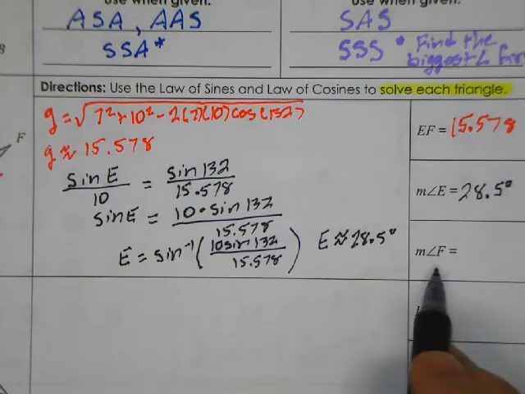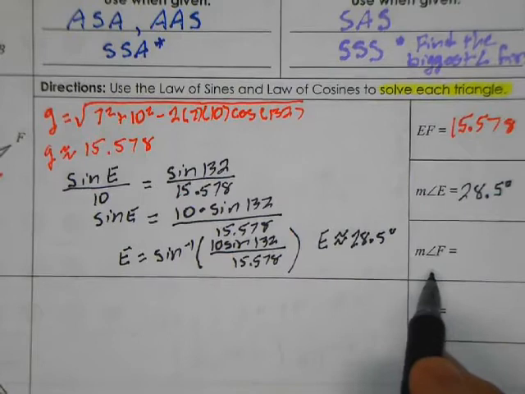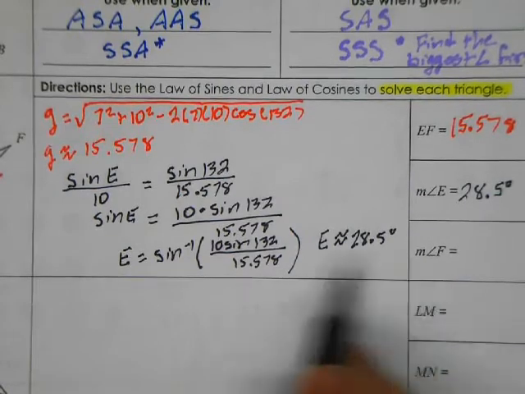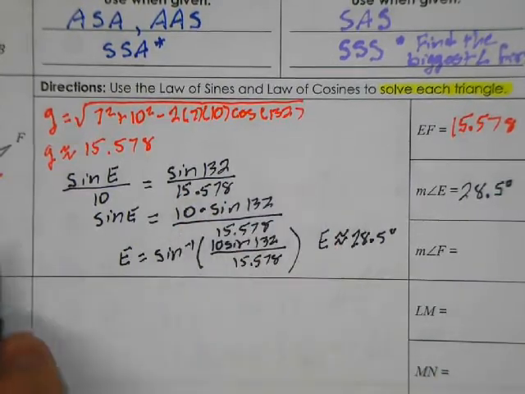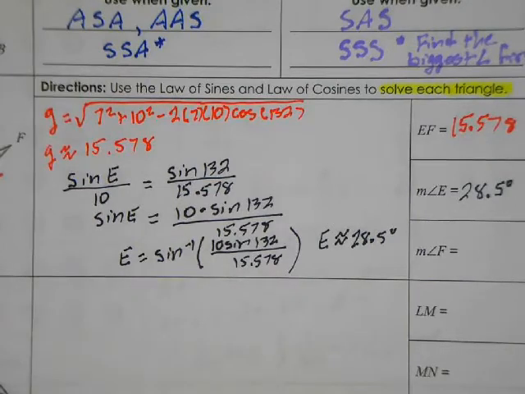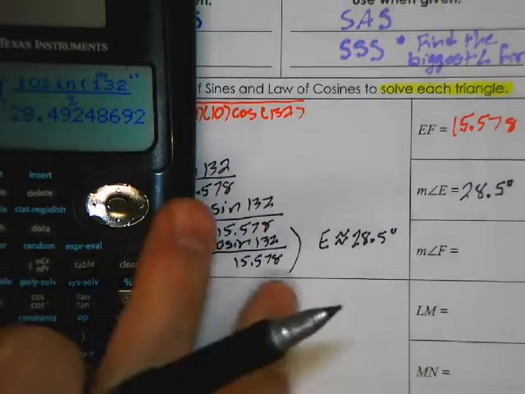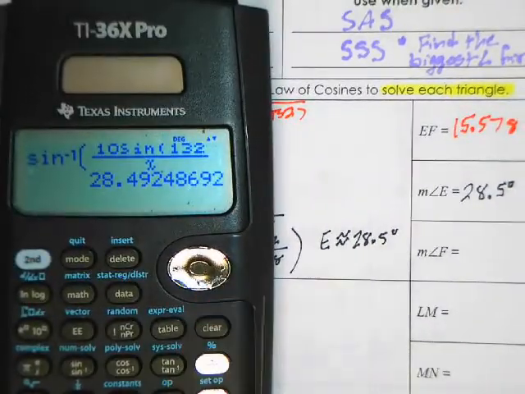Now, to find the missing angle measurement for angle F, we really don't have to do any work. We just understand that the sum of the three angles is going to be 180. Since they gave us the first angle to be 132, we'll just go straight to our calculator.